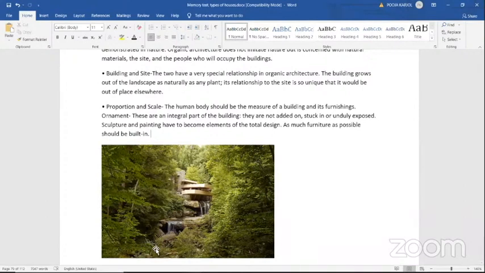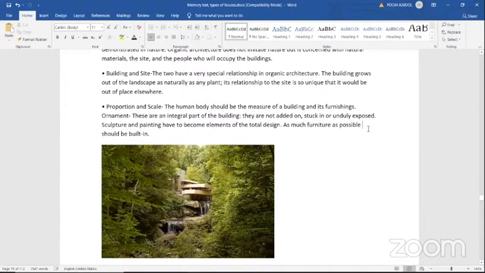related. It cannot be exaggerated like postmodern, contemporary, neo-modern buildings where the buildings are out of proportion. It cannot be like that in nature because then it will look odd. That is something we are trying to avoid. The sculpture and paintings have to become elements of the total design. It should not be added on, stuck, or unduly exposed.